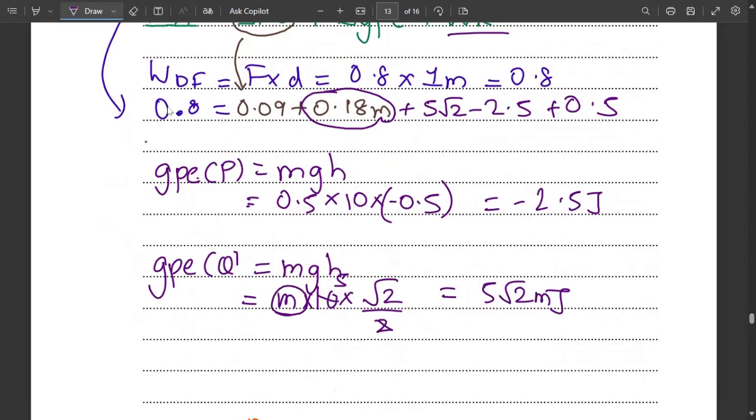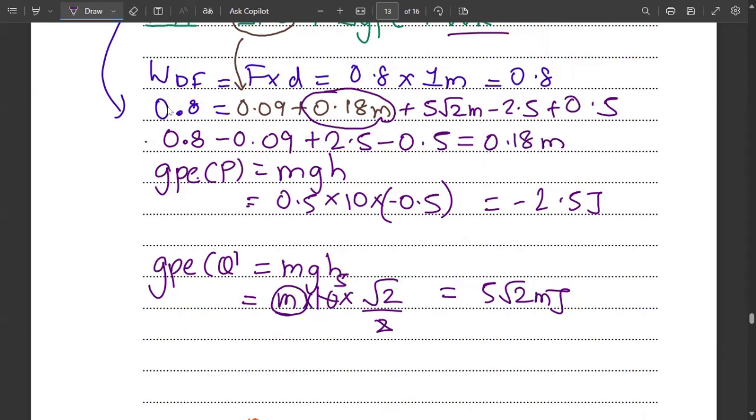So this will become 5 root 2 m minus 2.5. Now we can take out all the variables, which will become 0.8 minus 0.09 plus 2.5 minus 0.5 is equal to 0.18 m plus 5 root 2 m. Let me box that out.